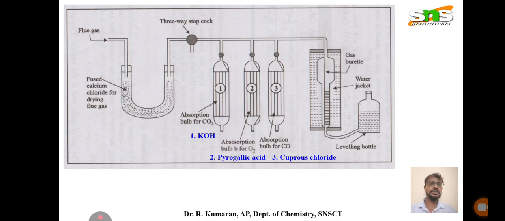After that, again it is passed through the gas burette and we test how much material is absorbed through the meniscus value in the second tower. Finally, the remaining material is subjected to react with cuprous chloride. If there is CO, it will absorb it, and again finally it passes through the gas burette.